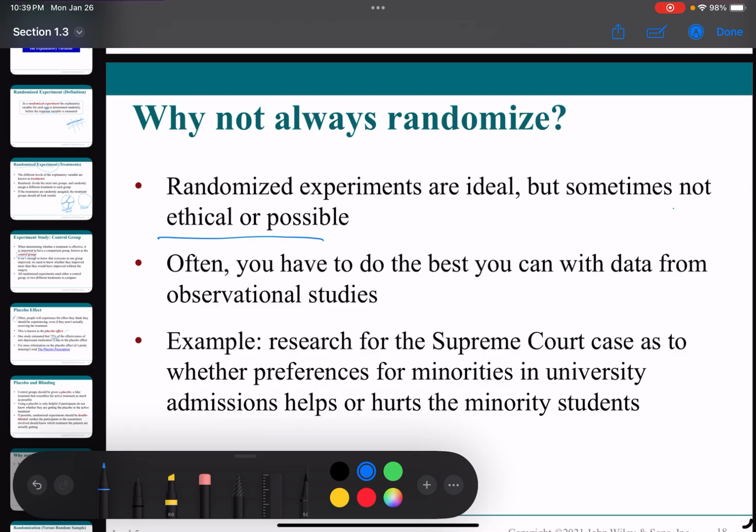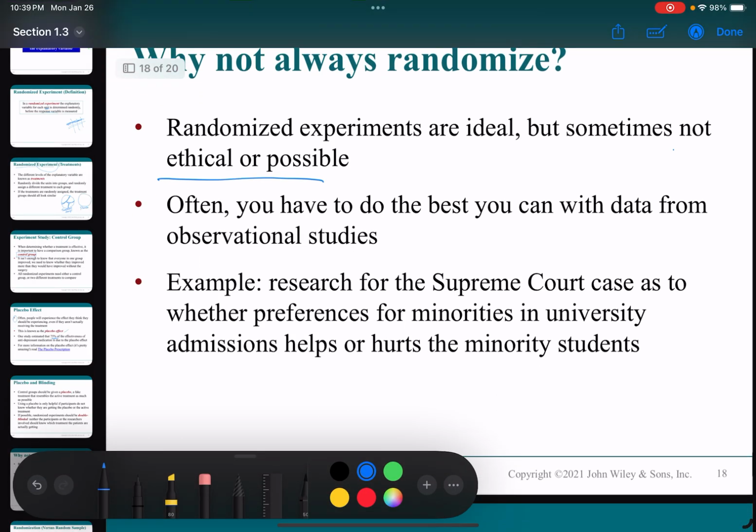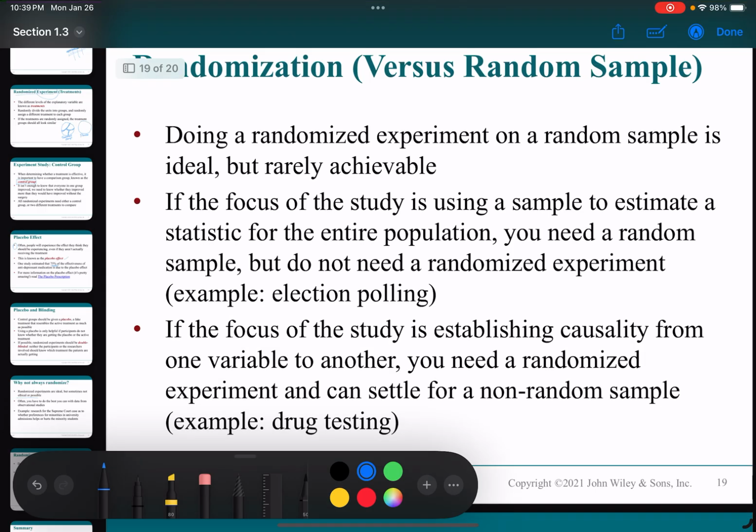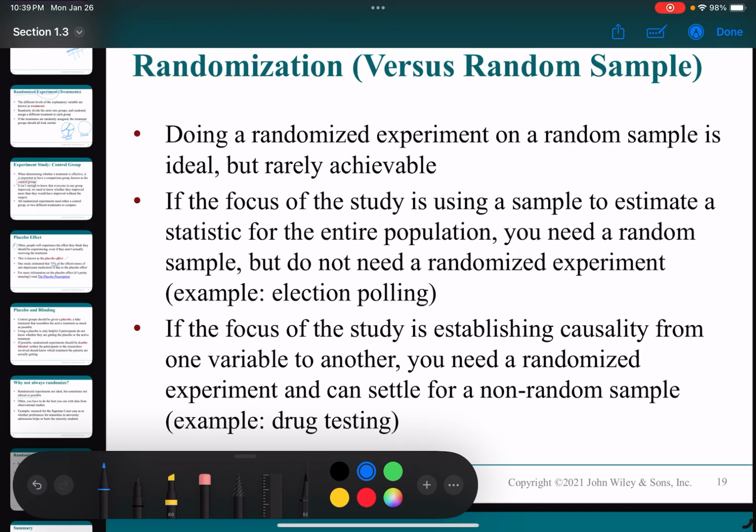Most of the time in statistics, in this course almost all the time, the best way to collect data is an observational study. We consider observational studies almost all the time in this course. Right. So randomization versus random sample. Actually, there is a difference between them.